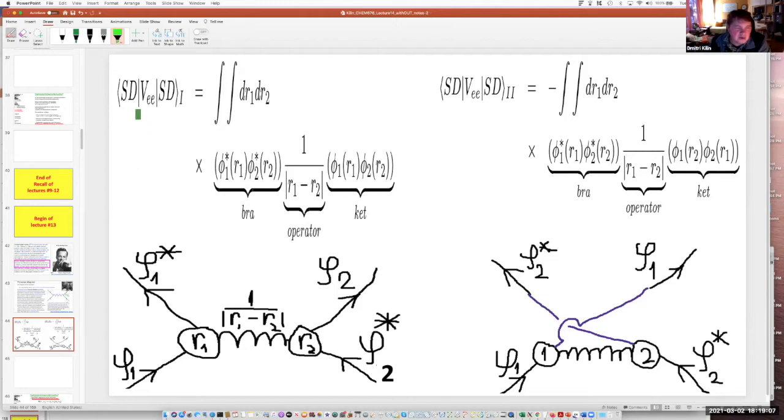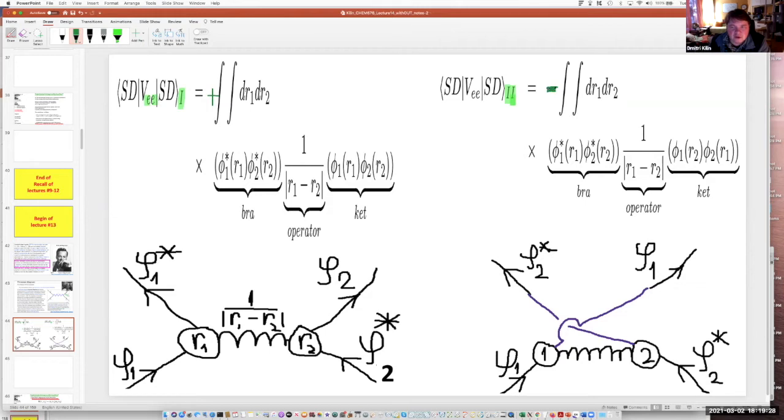We will discuss the matrix element of electron-electron interaction with the Slater determinant for two electrons. There are two types of terms. One term with a plus sign and another term with a minus sign.